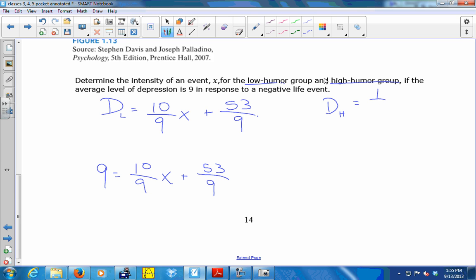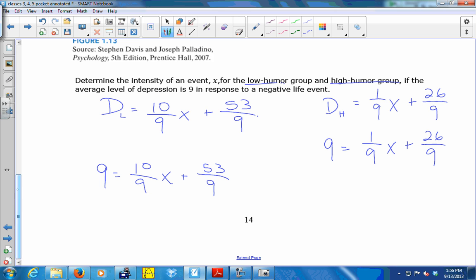It was 1/9 x plus what? 26 ninths. Okay. And in the same thing here, I'm going to replace the depression level with a 9. And we're going to determine for the two different groups what kind of a life event would cause a depression level of 9. So I have to solve each of these two equations.